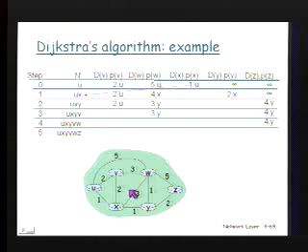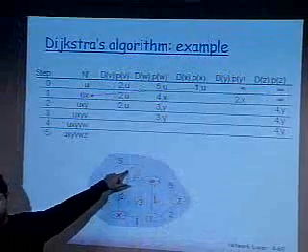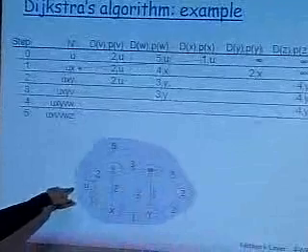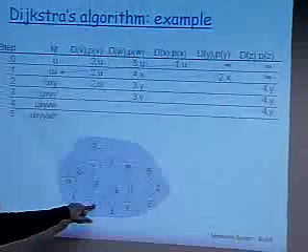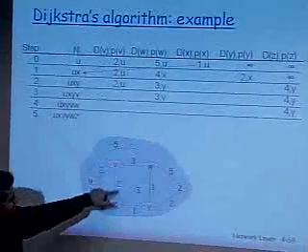So you update that, and now you're going to recompute the distances to all of X's neighbors. And this is where you see the interesting thing happening. Earlier our distance to W was 5. Now once you have included X in your set, you look at all of X's neighbors.